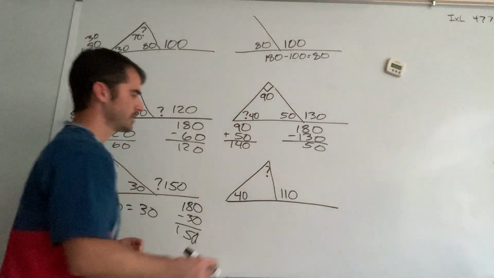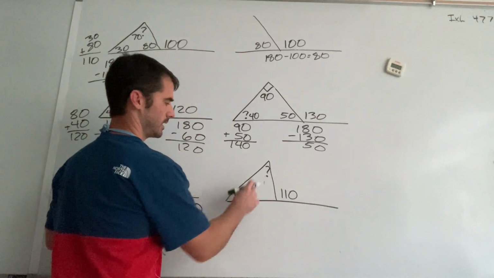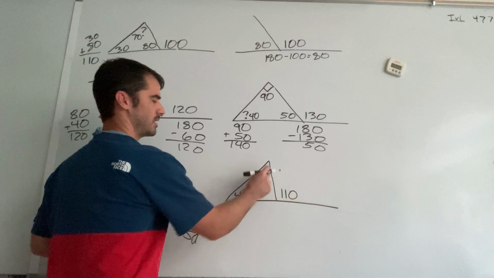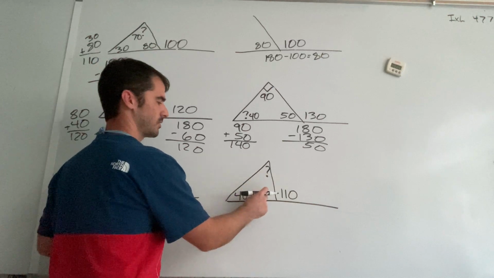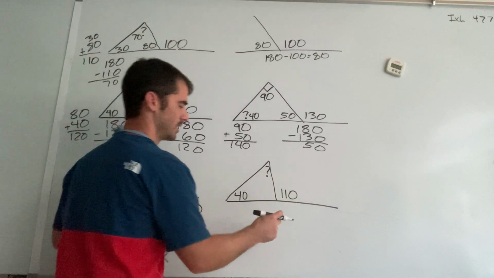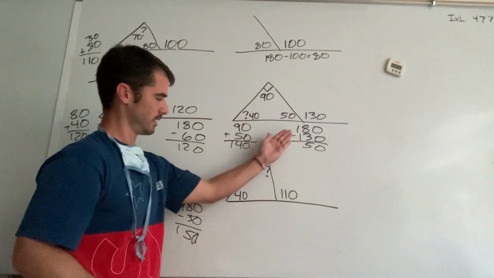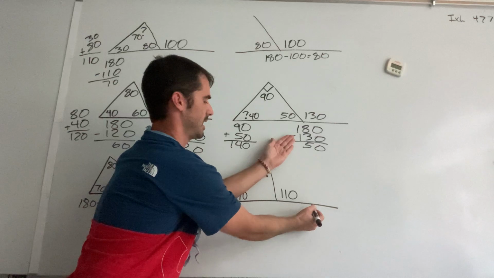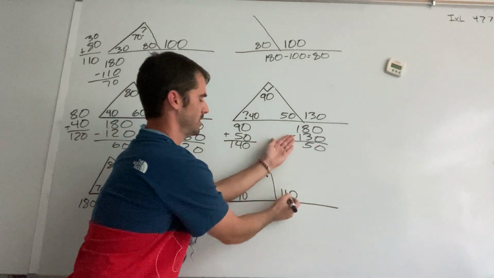Okay. Here, okay, I can't find the missing angle inside the triangle because I'm only missing one thing and I need to know two of them. I need to know both of these in order to find what's missing inside the triangle. So, and again, I'm going to cover it so you can kind of see it. We have our straight line. The straight line means 180 degrees, separated into two parts.